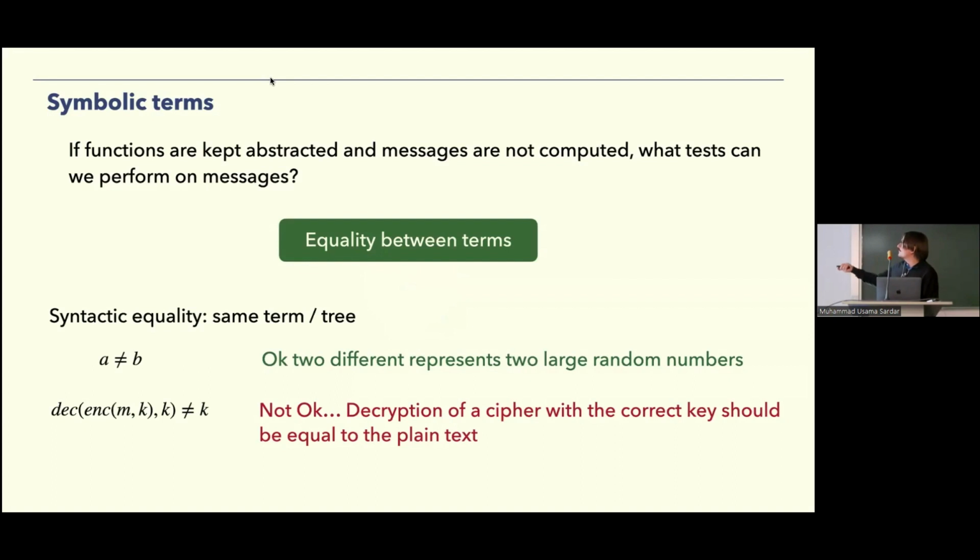For example, if we look at the two terms A and B, which were just two random nonces generated, it makes sense that when we say equality, that would be just the same tree. It makes sense that A should be different from B because they are two different letters, which means that I ran my random generator twice, so I should normally obtain two different numbers.